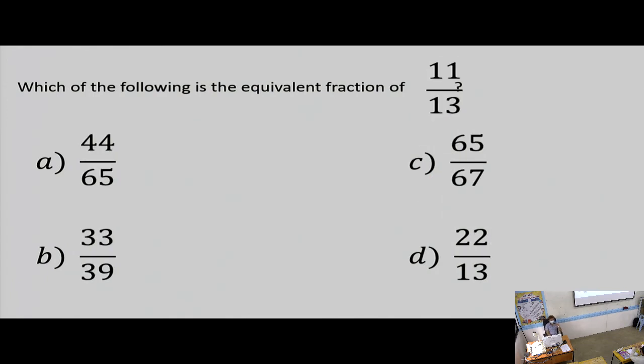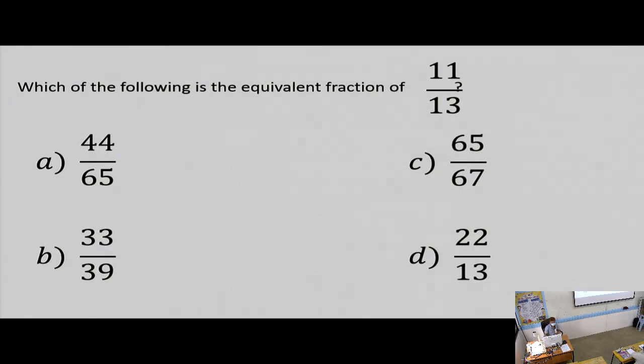Which of the following is the equivalent fraction of 11 over 33? Is it A, B, C, or D? Who wants to answer? Okay, very good.